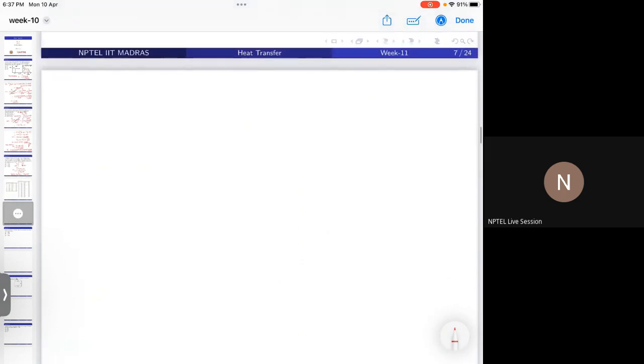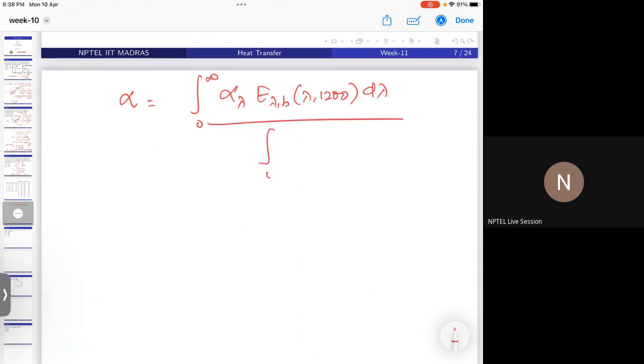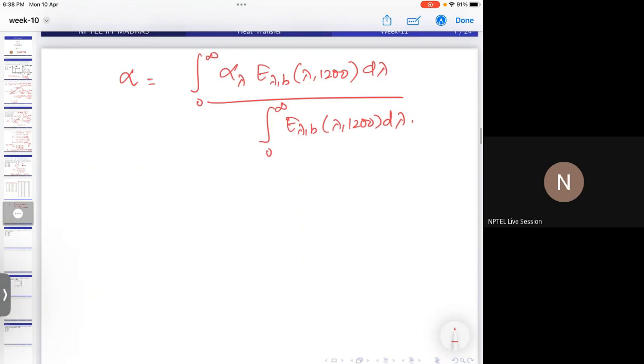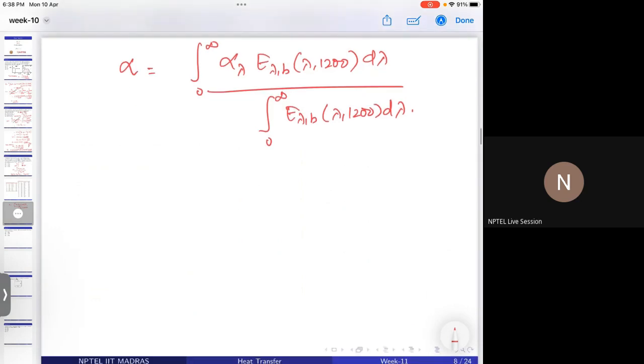So we can rewrite the alpha as the integral from 0 to infinity of alpha lambda E lambda B at that temperature, divided by the integral from 0 to infinity of E lambda B. Now, what is the variation of alpha with respect to lambda?